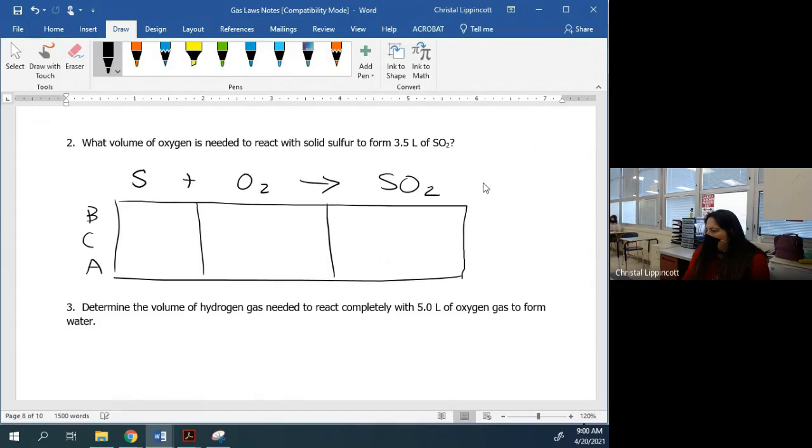I don't draw tables as nice as Microsoft Word. Okay, we're going liters to liters. So liters to liters, I can put liters in here. So I want to produce 3.5 liters of this.